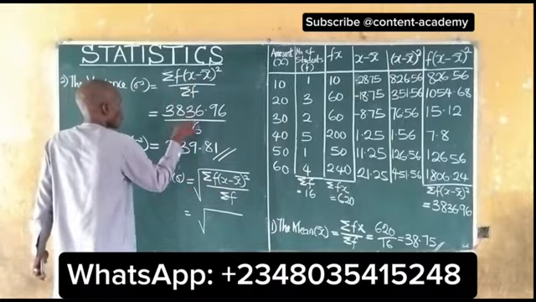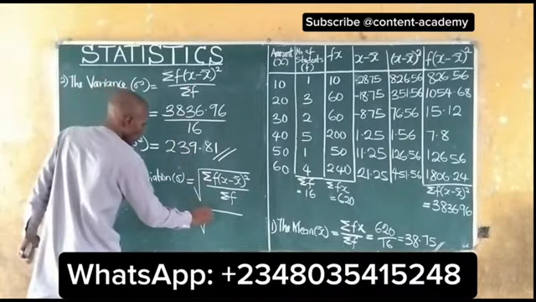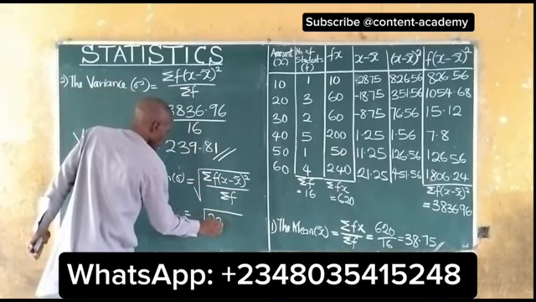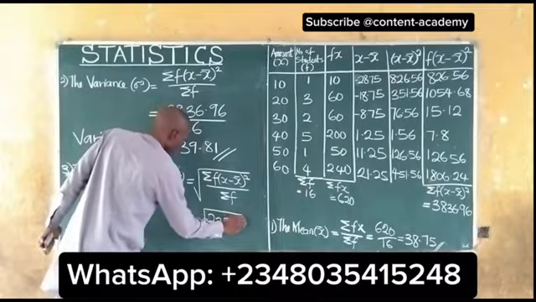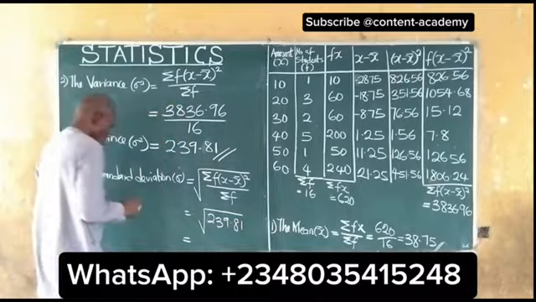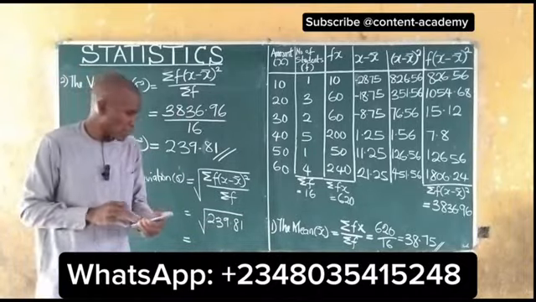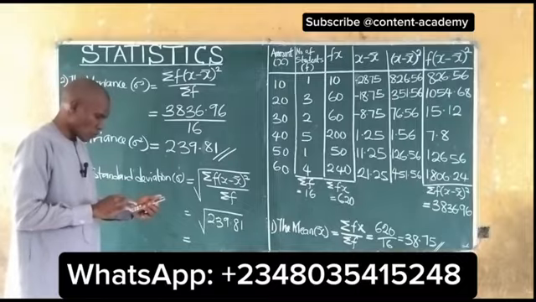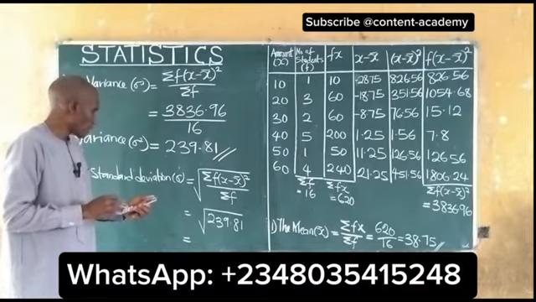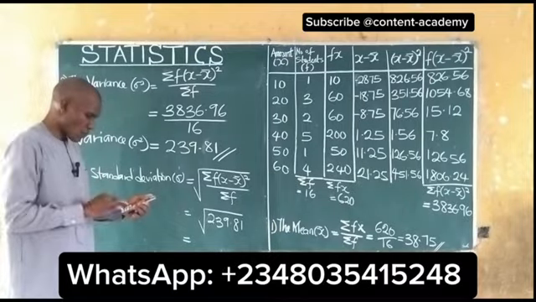Now, we'll just put whatever we got as the variance to be 239.81, because the standard deviation is the square root of the variance. So we have the square root of 239.81.